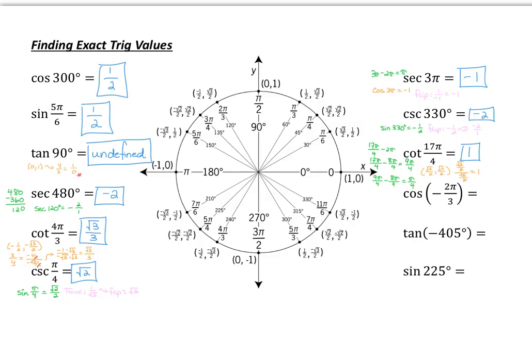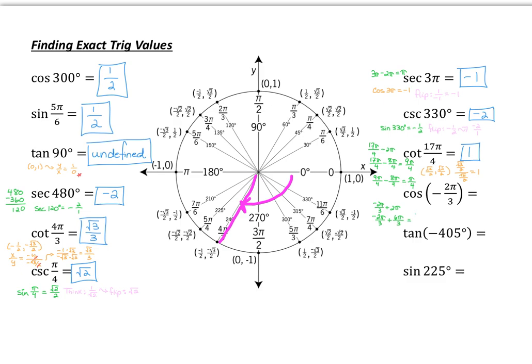Cosine of negative 2 pi over 3, personally, I would just say I know that negative 2 pi over 3 is right here. Or you could add, so you could say negative 2 pi over 3 plus 2 pi is negative 2 pi over 3 plus 6 pi over 3.